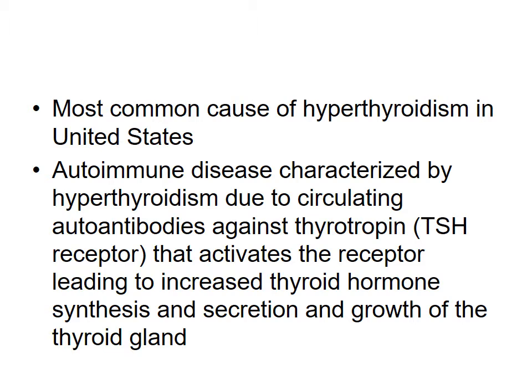It's basically an autoimmune disease characterized by hyperthyroidism due to circulating autoantibodies against the thyrotropin TSH receptor that activate the receptor, leading to increased thyroid hormone synthesis and secretion, and as a result growth of the thyroid gland.